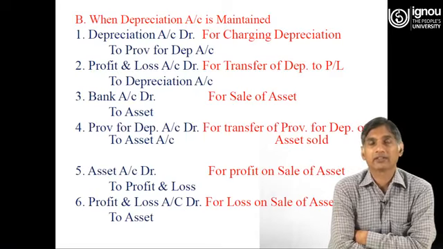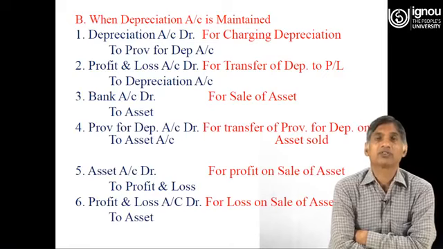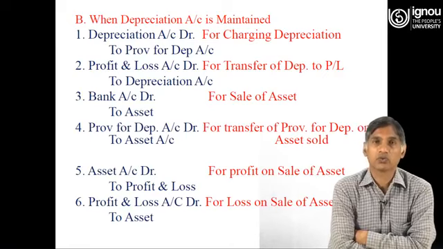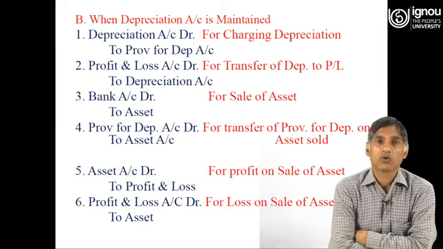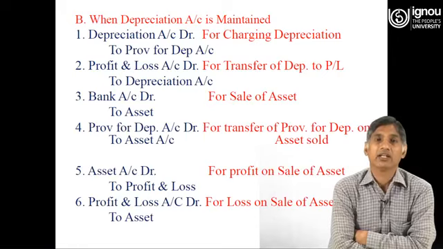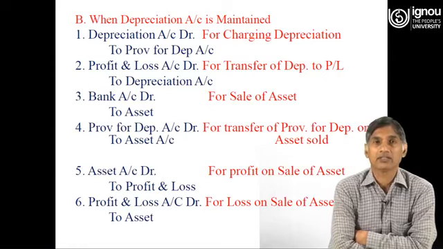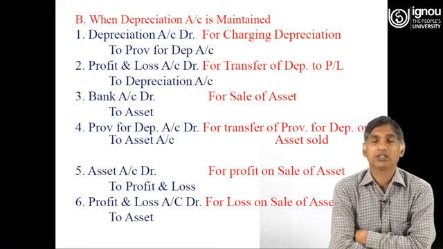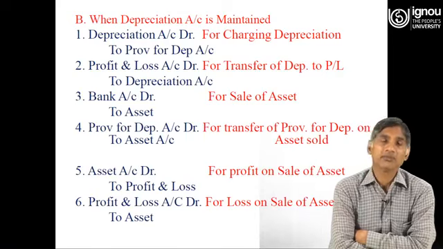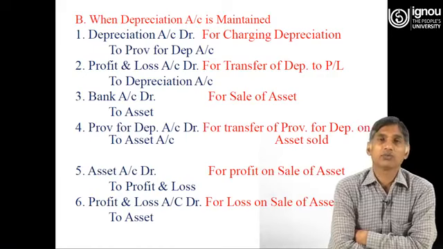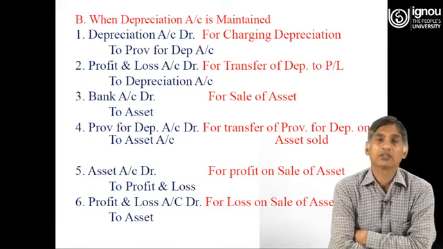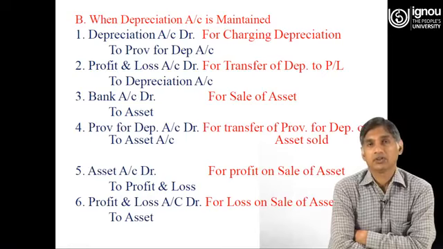But as far as this method of recording depreciation is concerned, when the depreciation account is maintained, the amount of depreciation keeps on transferring to the provision for depreciation account, and the asset side of the balance sheet will always show the asset at its original price.